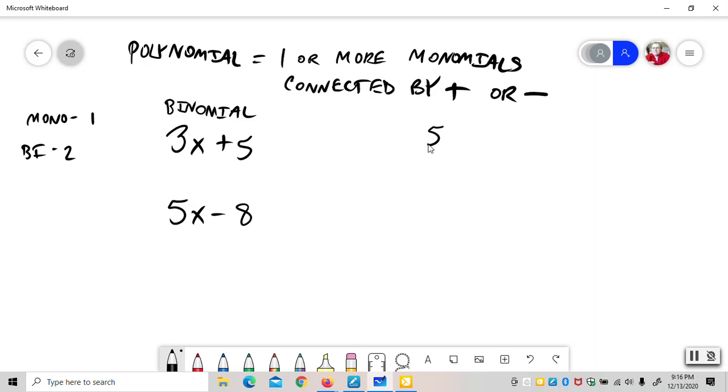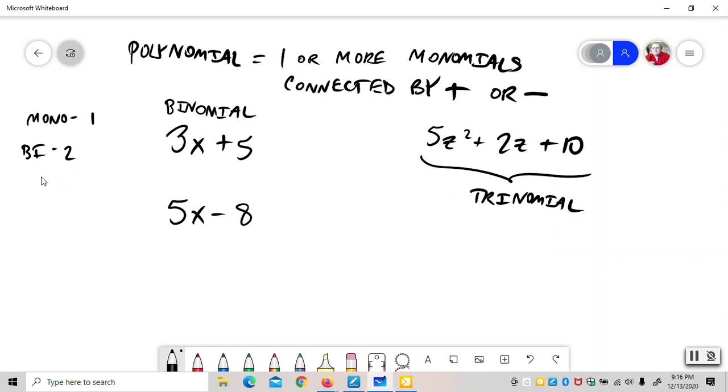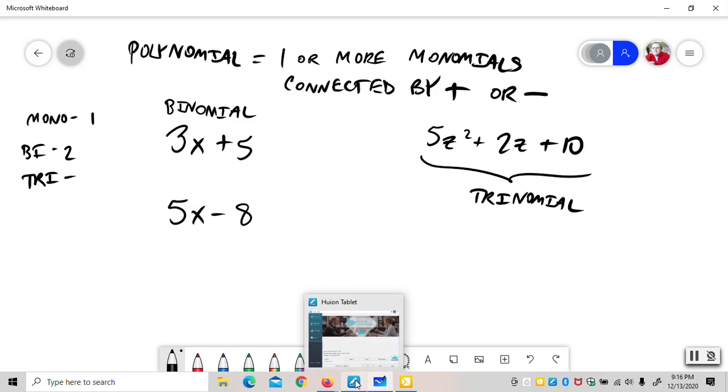So if I had 5z squared plus 2z plus 10, this has 1, 2, 3 terms, or monomials. So it's a trinomial, where tri means 3. And of course, all of these are specific versions of polynomials. Poly means many.